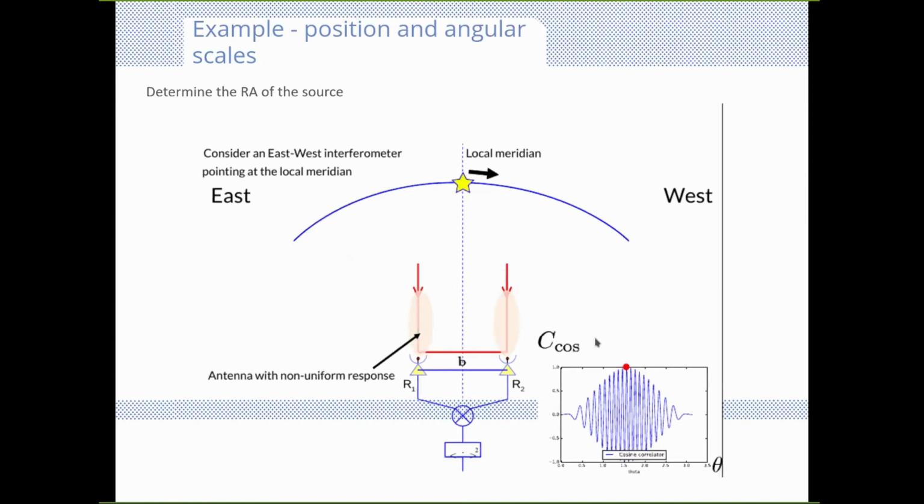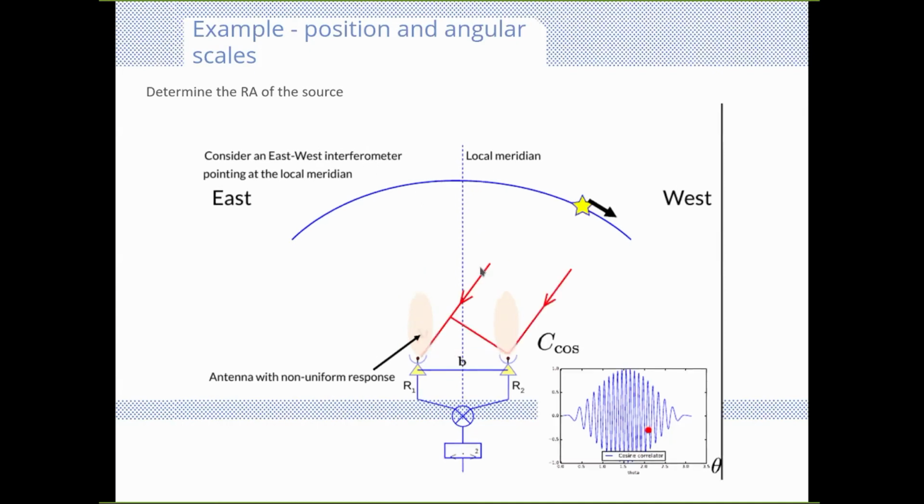As we let the source drift overhead, when it's very close to our local meridian, it will appear at the top of that fringe function, so it will have a maximum. If it's right at the center of our local meridian, then remember, we'll just be measuring a constant function at some maximum. If it's slightly offset, we see a fringe. As it moves off this local meridian again, the sensitivity to it is reduced again.